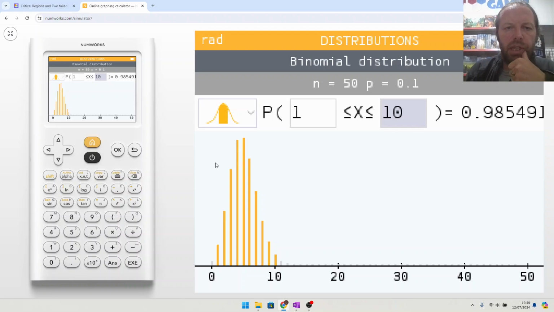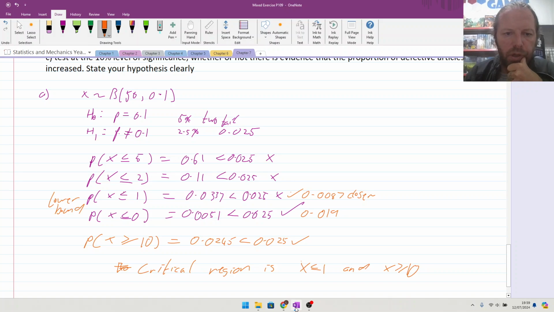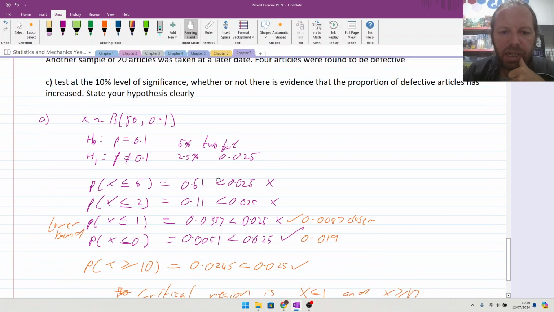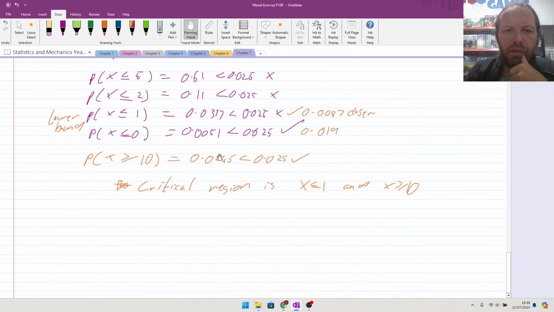So the next step on this was asking us for what is the actual significance level of the above test. The actual significance level of the above test is going to be taking the actual percentages that we've got and adding them together.